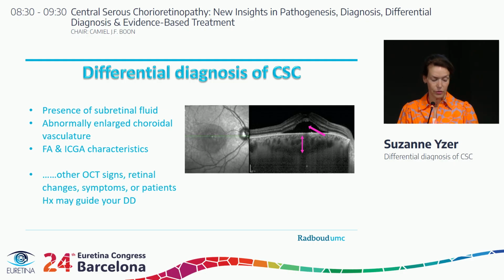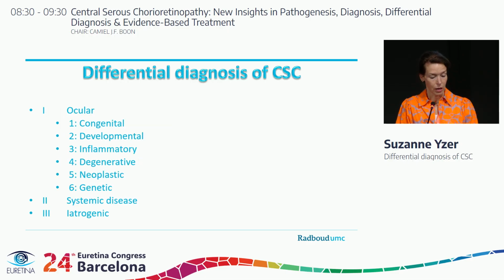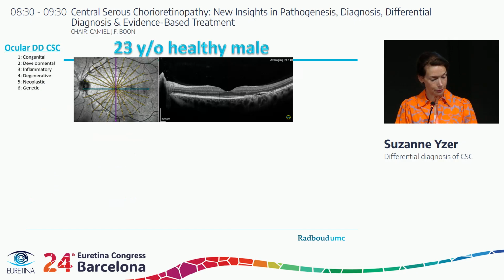But when you think of the differential, you should look for other signs on the OCT, certain retinal changes, maybe even symptoms or a patient's history that may guide you to the correct diagnosis. This is of course important because the correct diagnosis gives you direction on how to treat, or maybe not treat, just wait and see, and it may actually save a life. So this is the differential diagnosis list I will go over quickly.